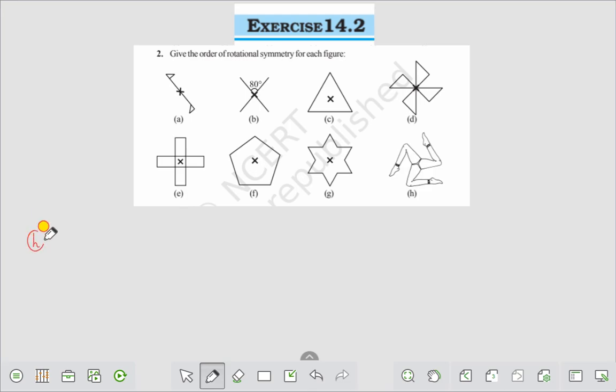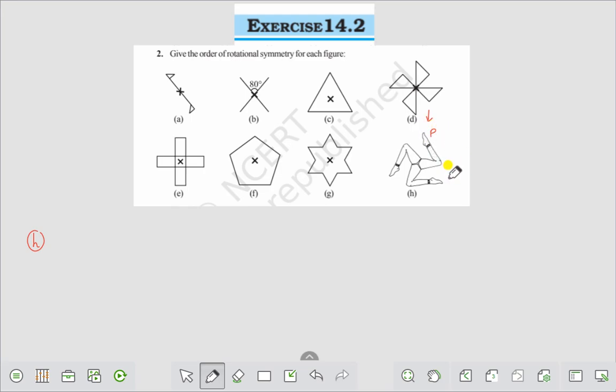Question number H you can see here. Suppose this is the arrow, this is point P, right? This is point P, this is the arrow.